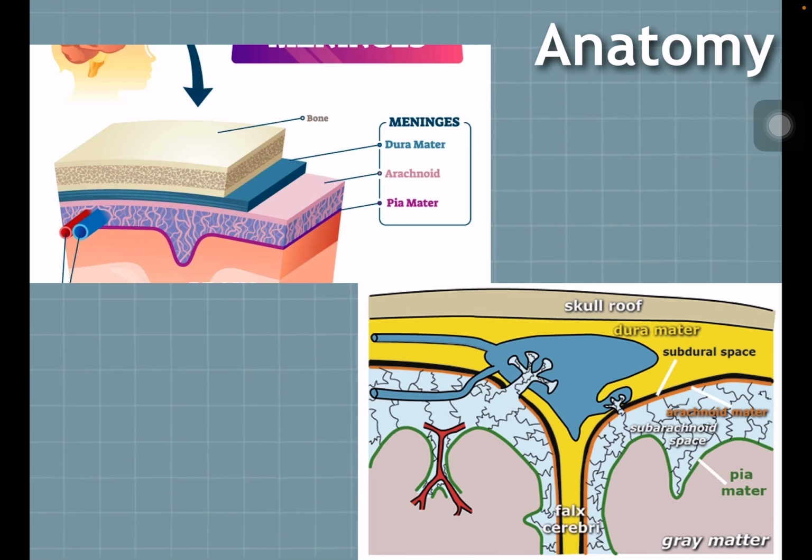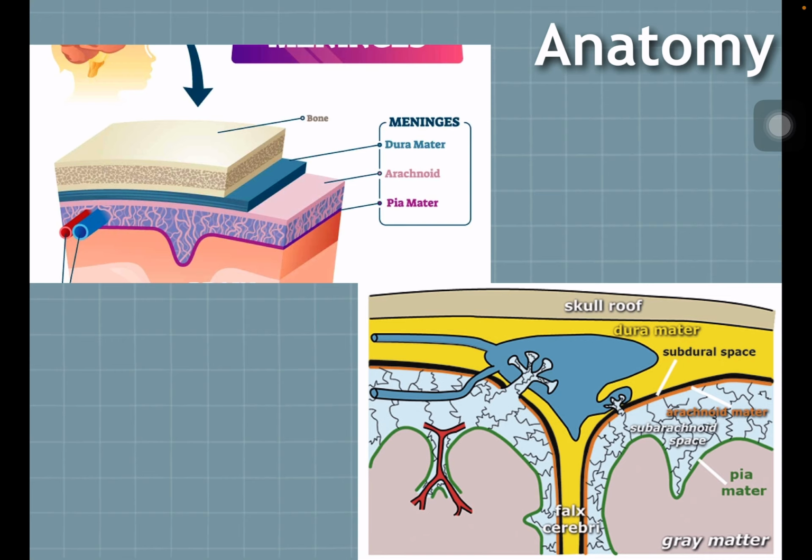So for the rest of the extraaxial hemorrhages, these three, subdural, extradural, and subarachnoid, differ in the location of the bleed. So here is the extraaxial anatomy: this is the pia mater, this is the arachnoid space, subdural space, and dura mater.